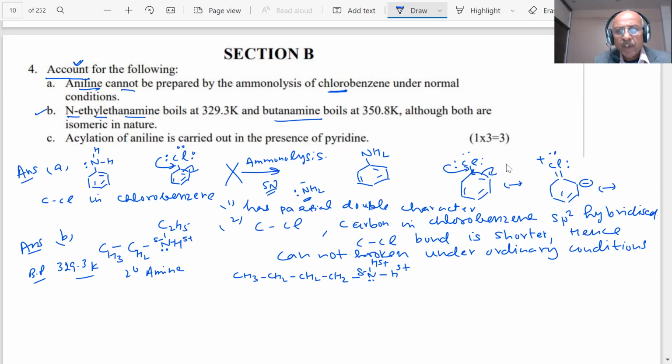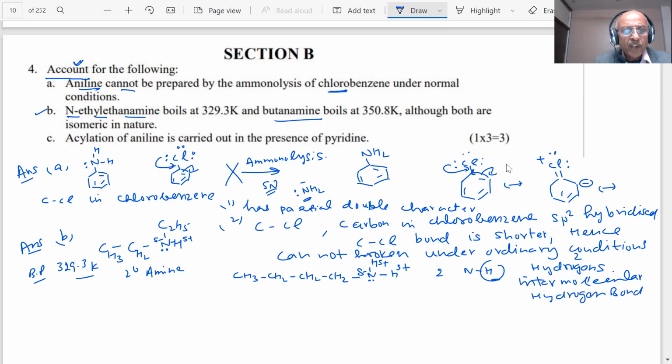In a primary amine, there are two hydrogens attached to nitrogen, so they can form intermolecular hydrogen bonds.